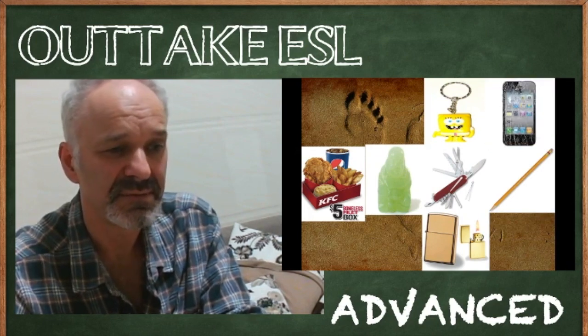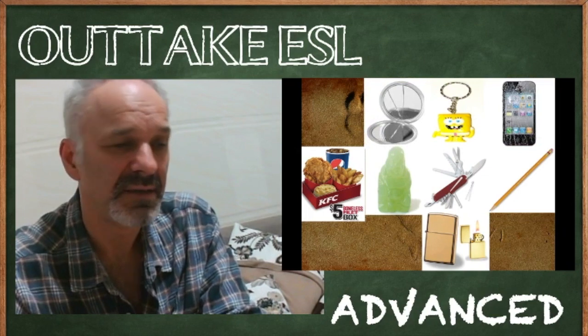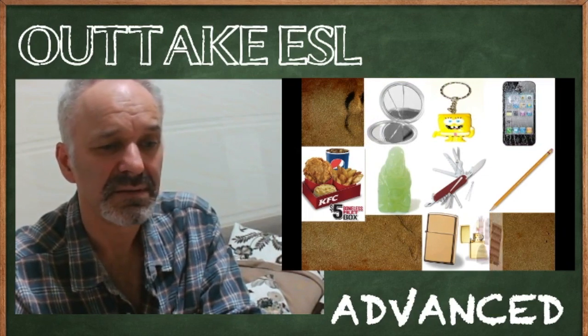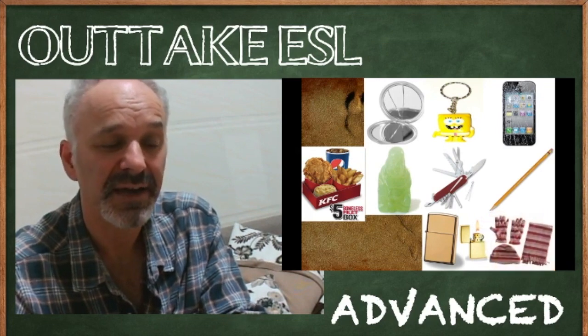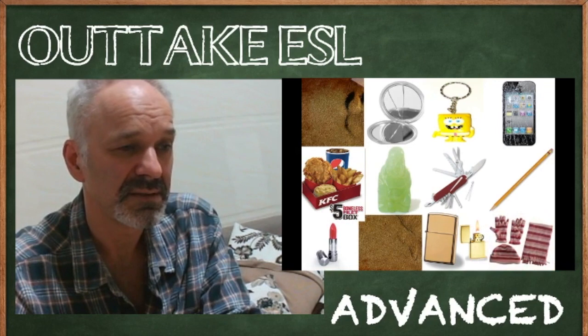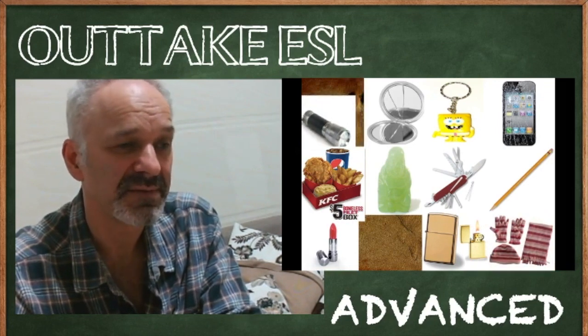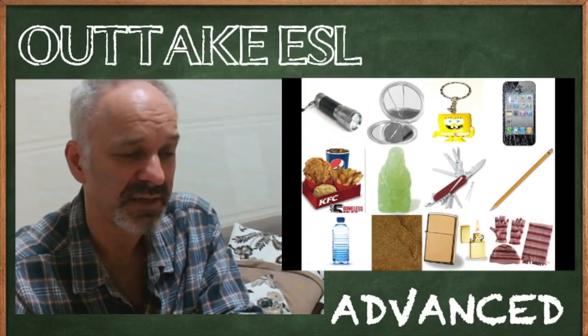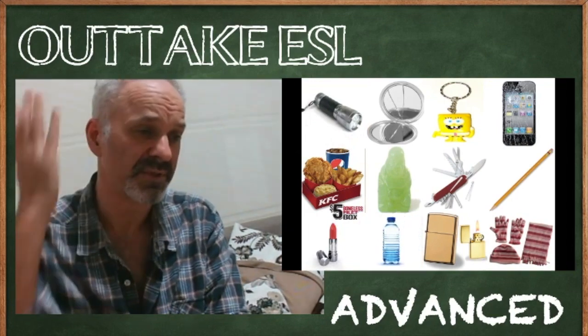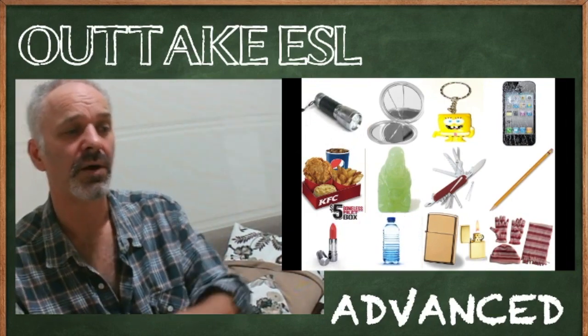An iPhone. A broken mirror. Some gloves, a hat, and a scarf. Lipstick. A flashlight. Also torch. Commonly, a lot of overseas students will know it as a torch also, just because of British influence. And a bottle of water.